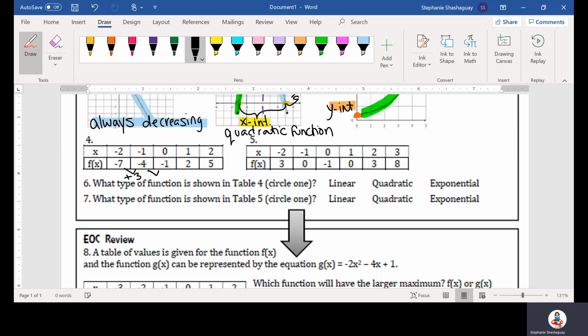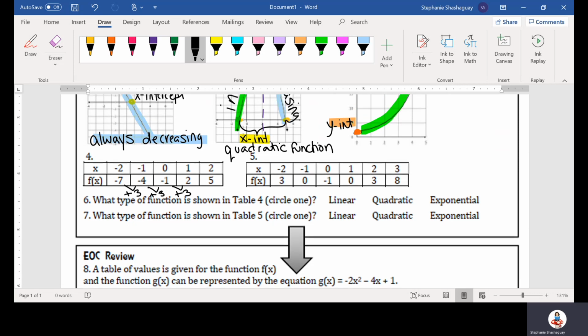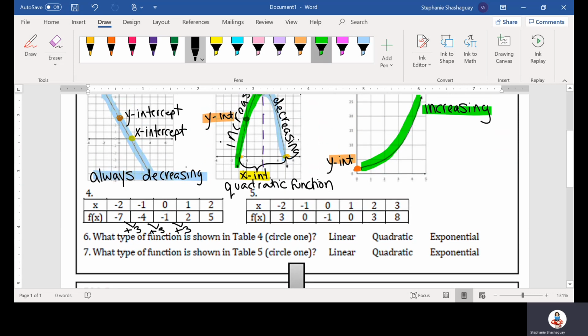From -4 to -1, I'm adding 3. From -1 to 2, I'm adding 3. So because each time I am adding, that tells me that I have a function that is increasing. So this is linear and it's increasing in value.